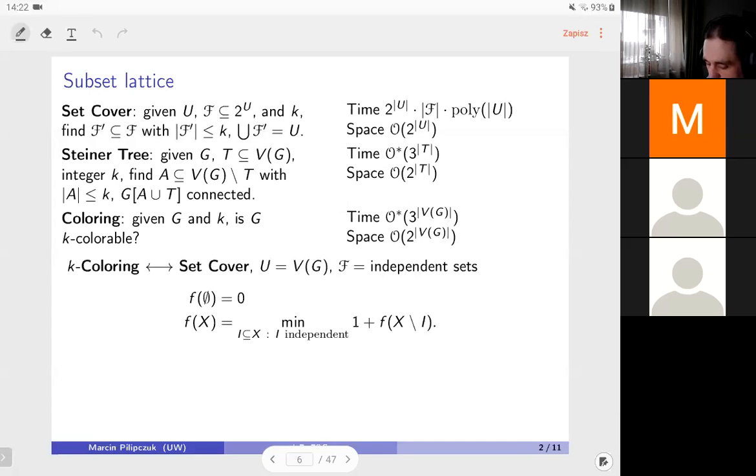So this is a set cover problem where the universe is the set of vertices and the set family is the set of all independent sets. It's not given explicitly as a family, but implicitly as a graph.